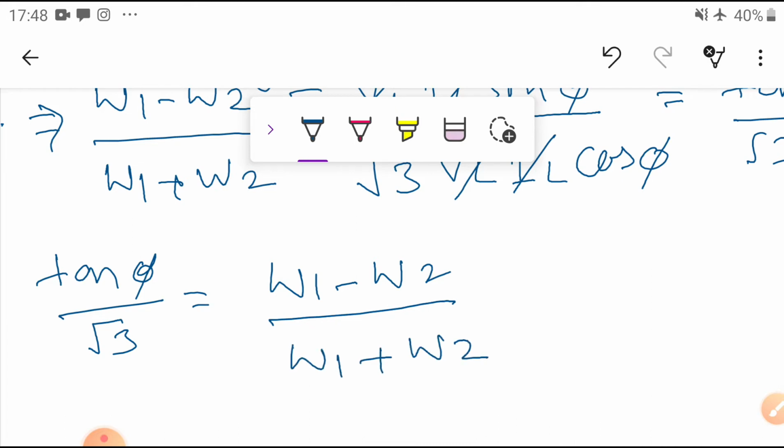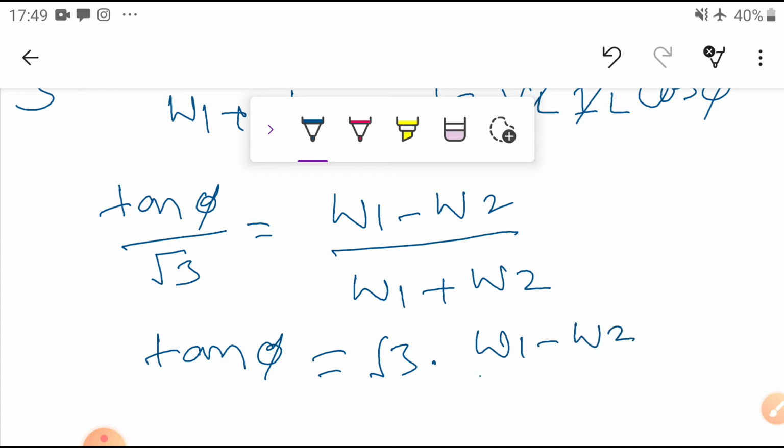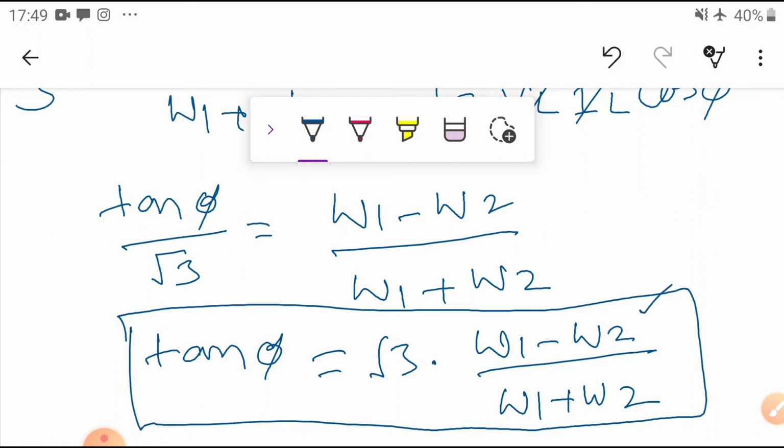I want only tan phi. So tan phi is equal to root 3 into W1 minus W2 by W1 plus W2. This is how the phase angle can be found from the given two wattmeter readings.